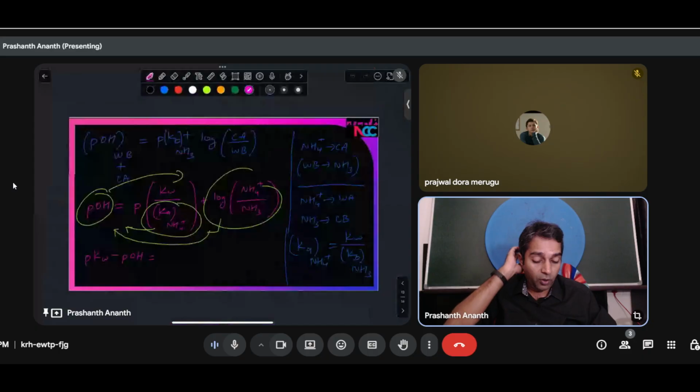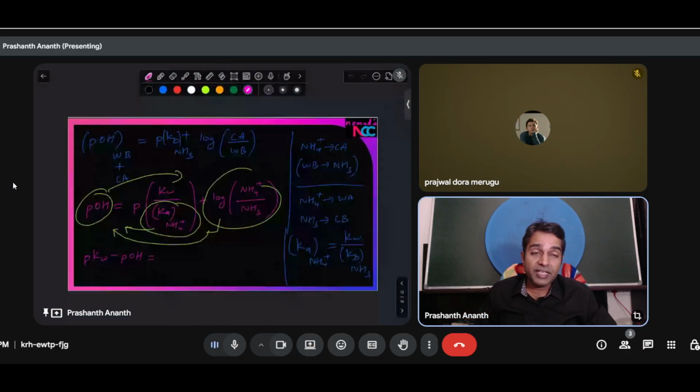In this case it was minus, because it is p of Kw divided by Ka in the denominator, so it will be negative. If I take it to the other side, it will become positive. So it will become pKa of NH4 plus, and I put a minus on the log because I have to take it to the other side: minus log of NH4 plus by NH3.